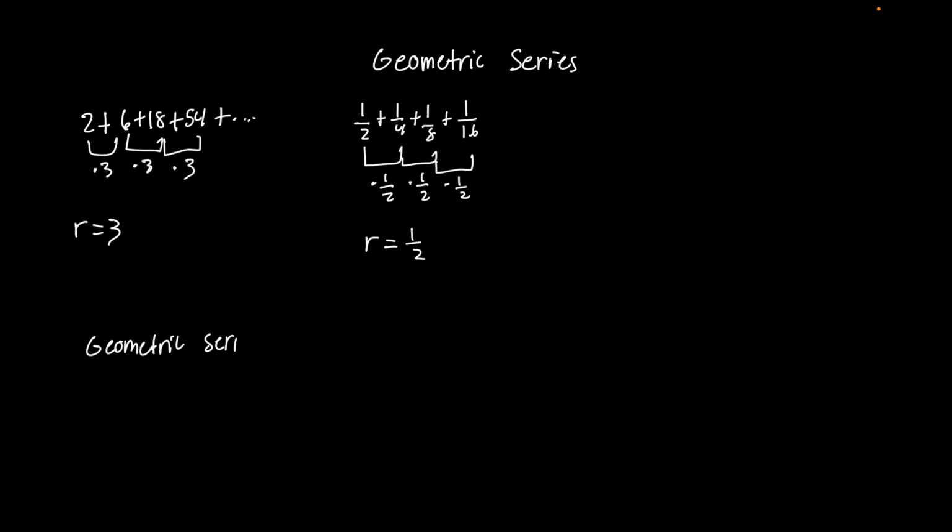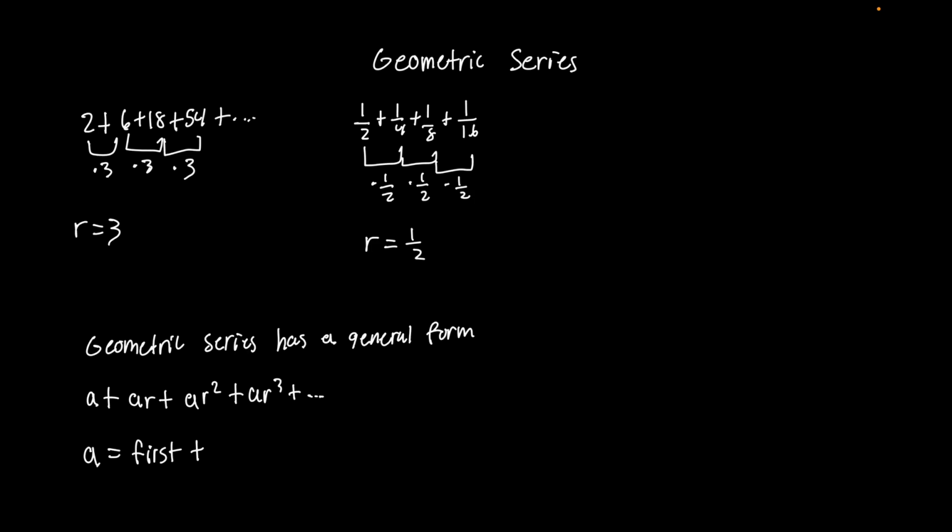A geometric series has a general form: a plus ar plus ar squared plus ar cubed plus, and so on infinitely, where a is equal to the first term and r is the common ratio. So go ahead and pause the video and write this down.